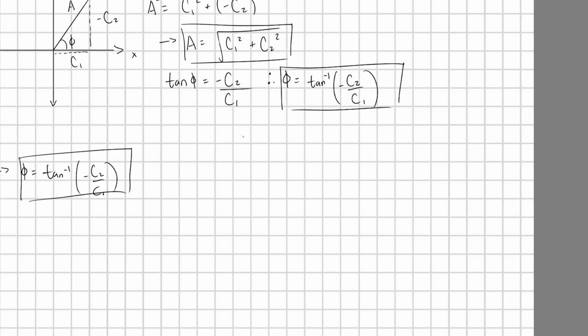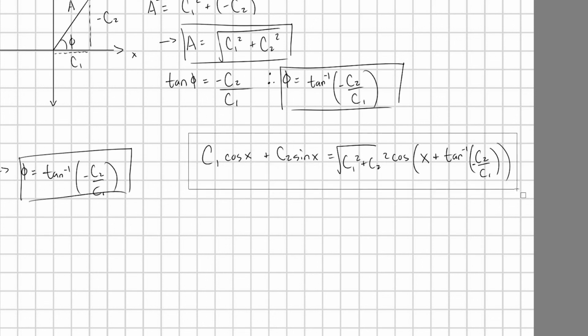And thus, we have now confirmed that C1 cosine x plus C2 times sine x equals A, which we now know is the square root of C1 squared plus C2 squared times cosine of x plus phi, where phi is the inverse tangent of minus C2 over C1. Just put it all together.